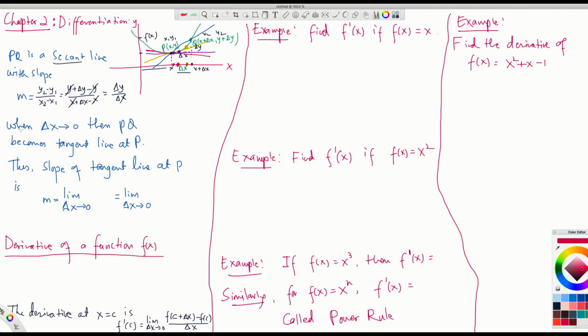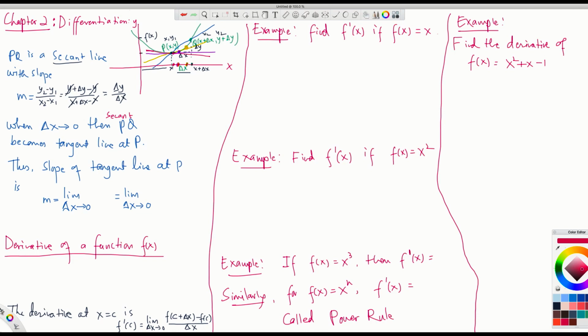The PQ line. So when delta x tends to 0, meaning when you make delta x smaller and smaller, then x and x plus delta x will be almost the same point, right? At that time, the secant line PQ becomes a tangent line at P. You see that?